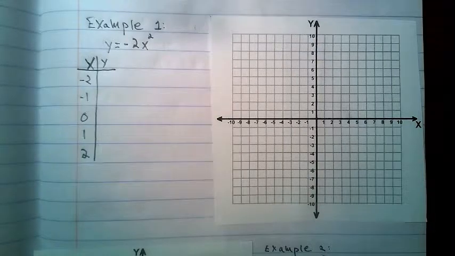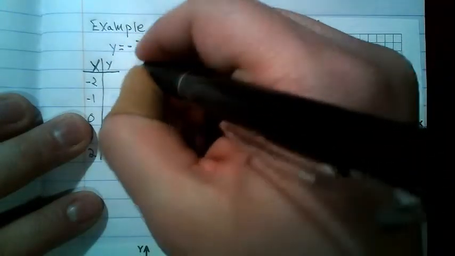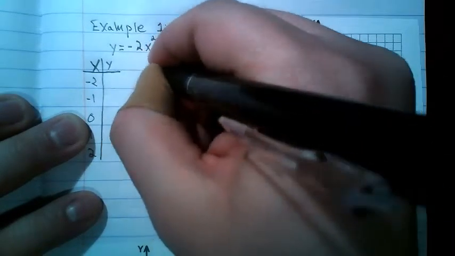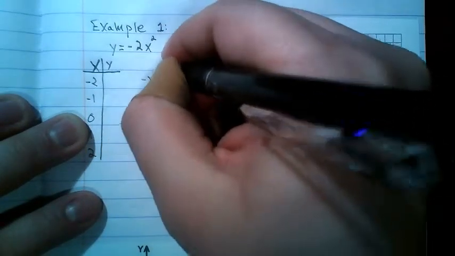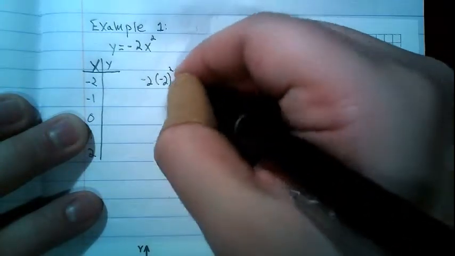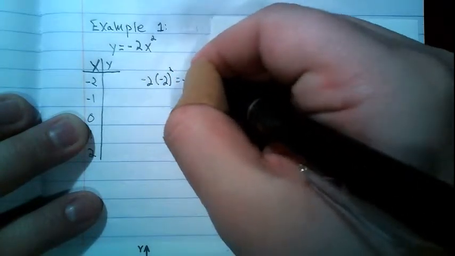And then we're just going to fill in for our y value. So I know y is negative 2x squared, so that's negative 2 times negative 2 squared. Well, negative 2 squared is 4, so it's negative 2 times 4, which is negative 8.